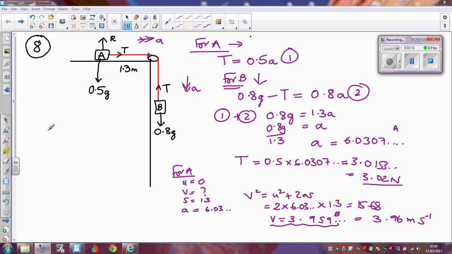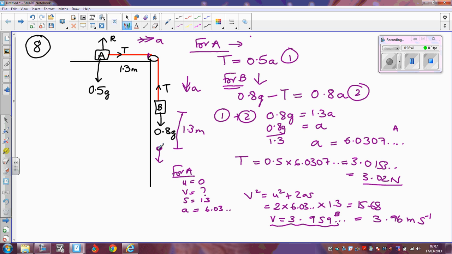We're now told that when A reaches the pulley, the string breaks. That's quite important because it means that when A has travelled 1.3 metres, B will also have travelled the same 1.3 metres vertically downwards. At that point the string breaks, so B is now moving vertically downwards under the influence of only gravity.